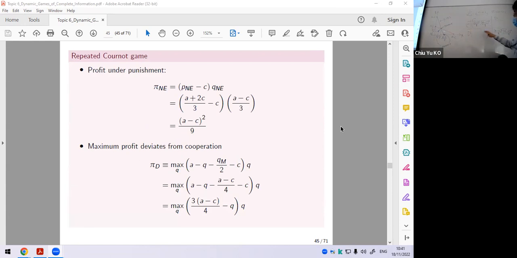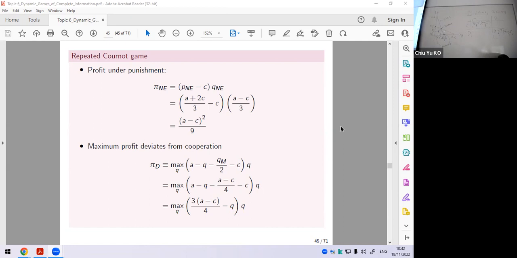What is left is you need to figure out what this outcome is. In this trigger strategy, you only need to see whether collaborating is better than deviating. This one is the punishment. You need to see what the gain is from the best deviation. Here it is very simple: the other guy is still very naive, so you see how you can gain from that, and you only gain for one period.